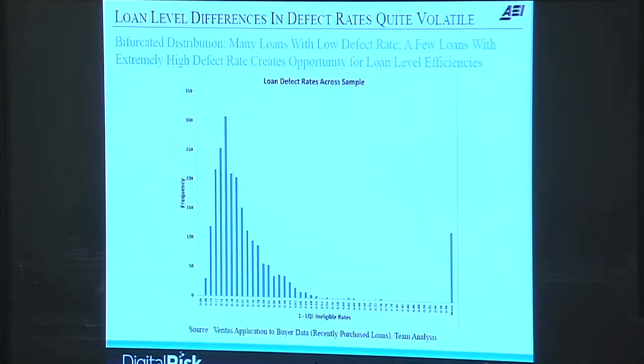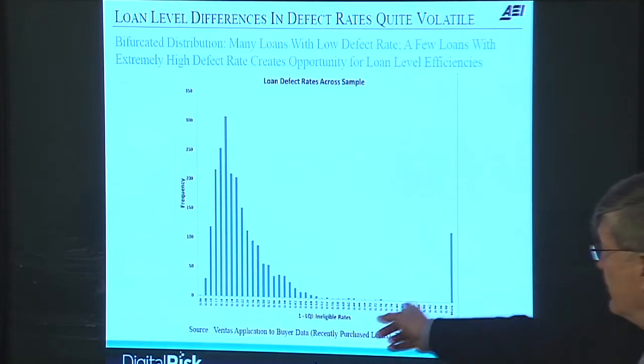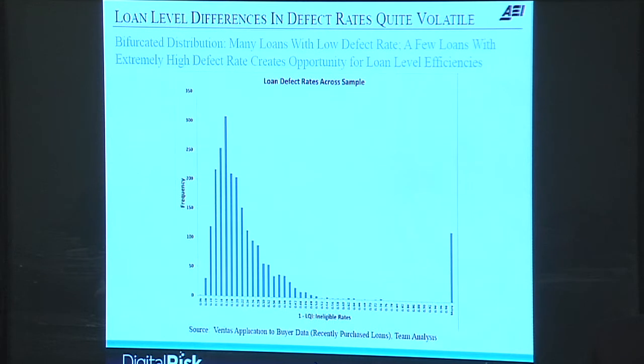Now then, this is just a distribution of what manufacturing defect looks like, and all the loans on that side have very little defect. So actually the exposure for repurchase is largely in the far right. And so that means that this is not a frequently occurring phenomenon, but relatively infrequent, maybe 10% or so. But a small portion of the loans have almost all the defect, and the rest of the loans have very little repurchase exposure.